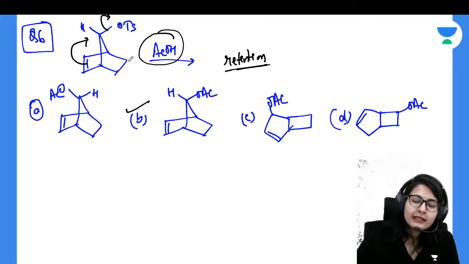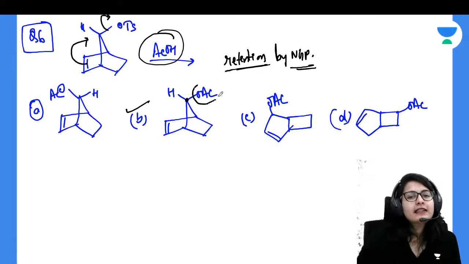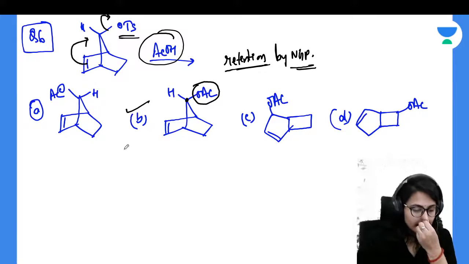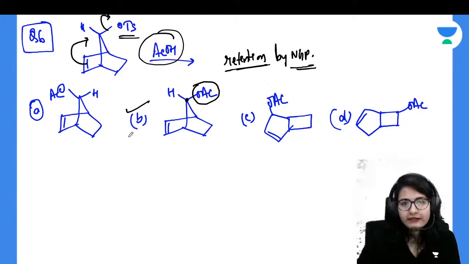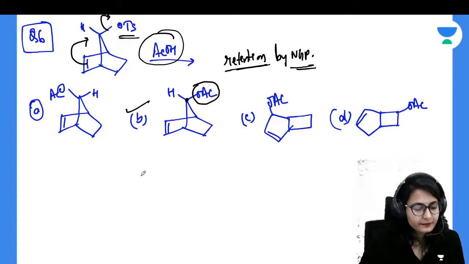OTs is going to get eliminated and we are having retention because of NGP. Inversion twice gives you retention. So we are directly going to say that the acetate group is going to be added on the same side as the OTs group. Once you identify the NGP reaction, you directly write the retention product.